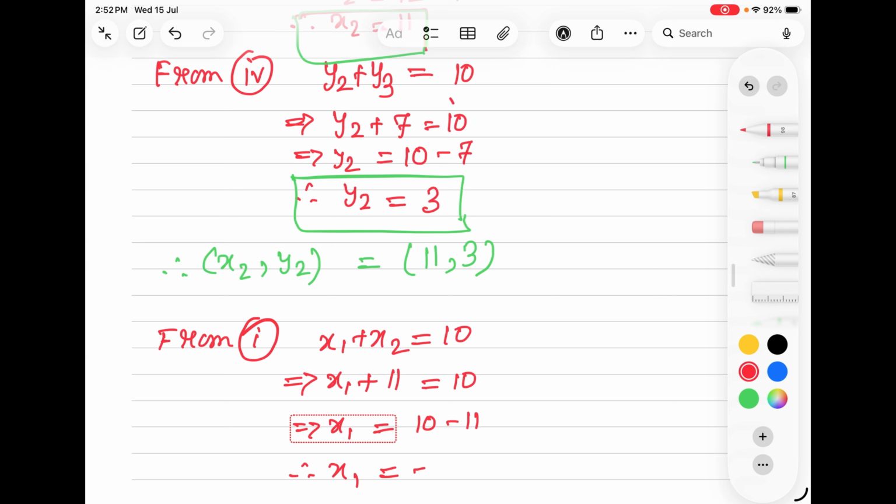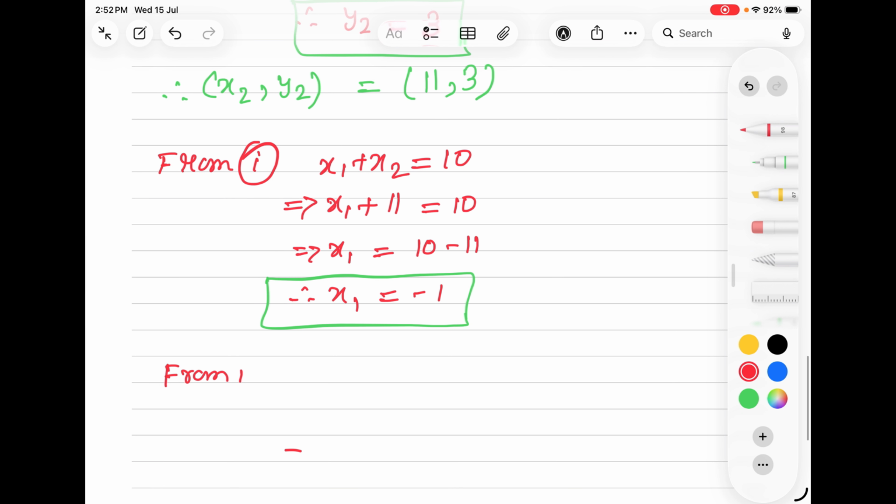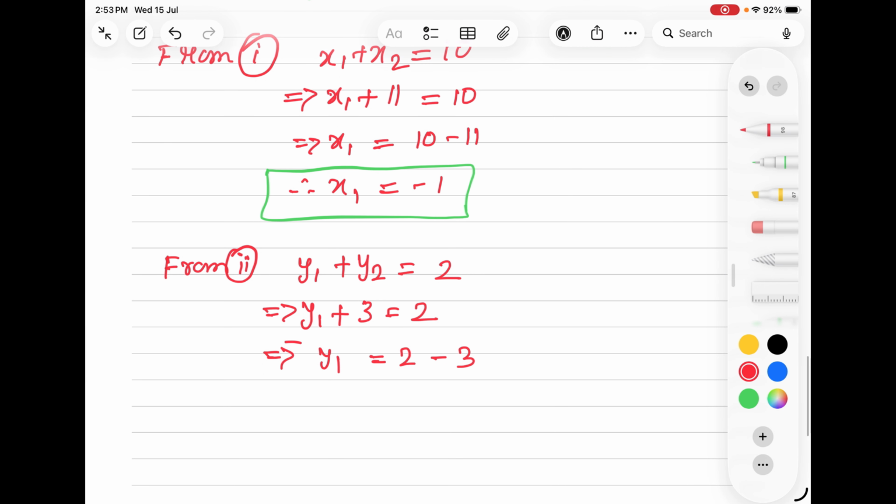Therefore, x1 equals minus 1. Now equation number 2: y1 plus y2 equals 2. Substitute the value of y2, which is 3. That implies y1 equals 2 minus 3, which is minus 1. Therefore, y1 equals minus 1.